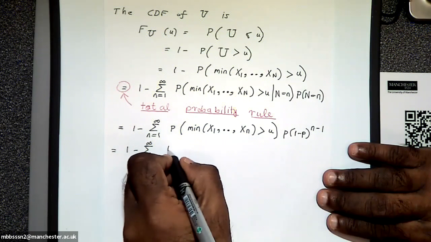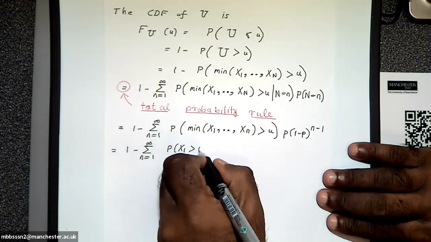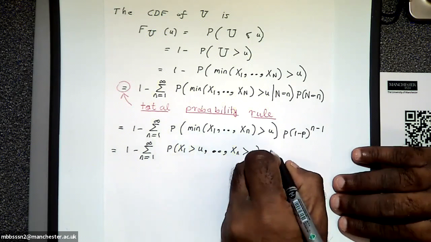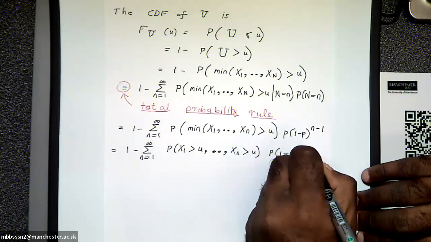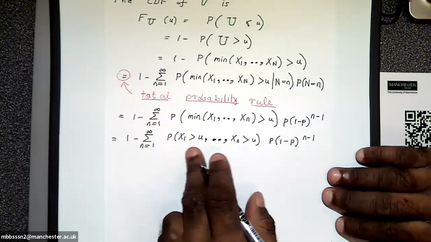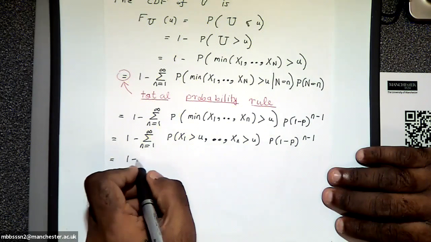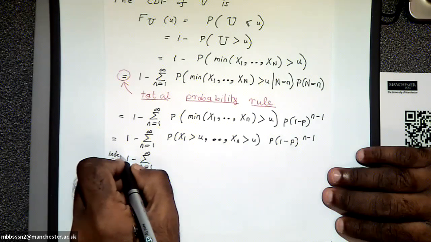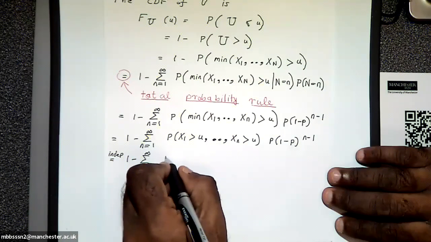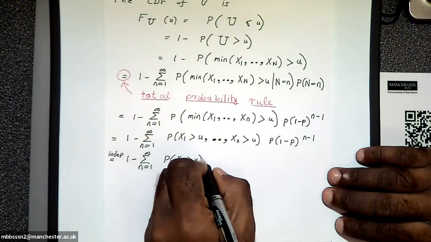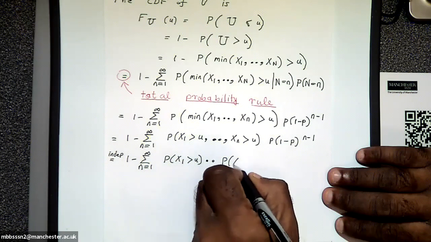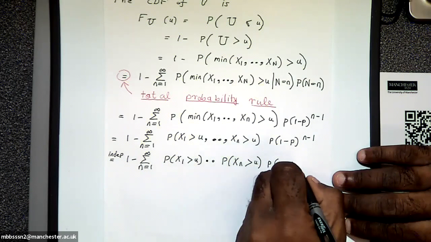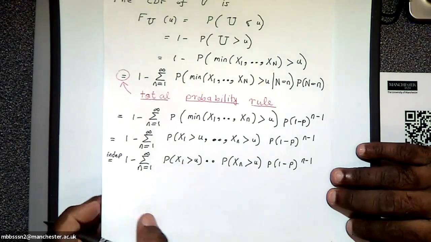This guy you can write as, and this probability, using the fact that these are independent, you can write it as, okay.